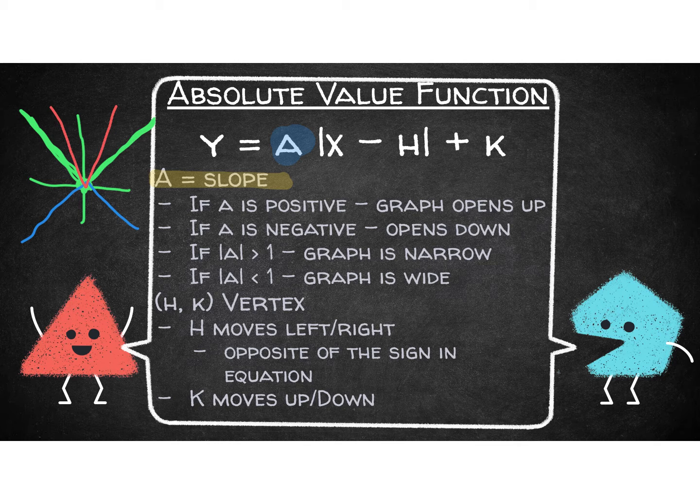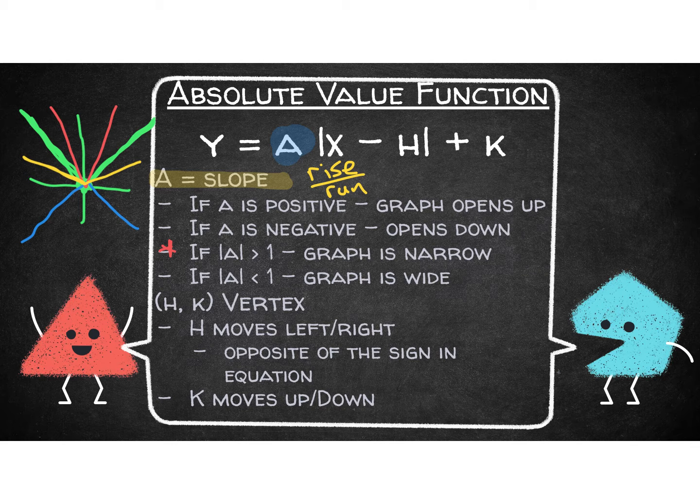But if the absolute value of a is less than 1, then we are talking about a graph that is wider. The a is going to be a fraction, so the graph would become wider than the original. But we can still find what that is by graphing the slope, which is rise over run.